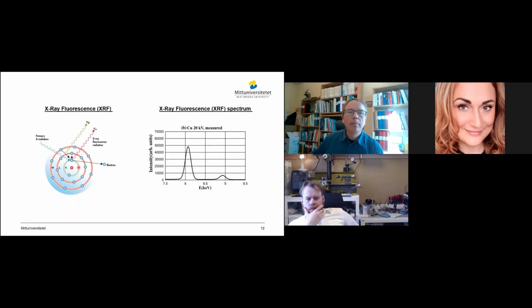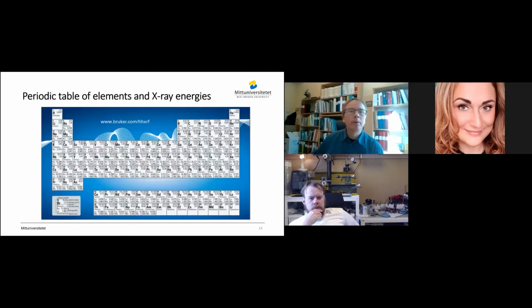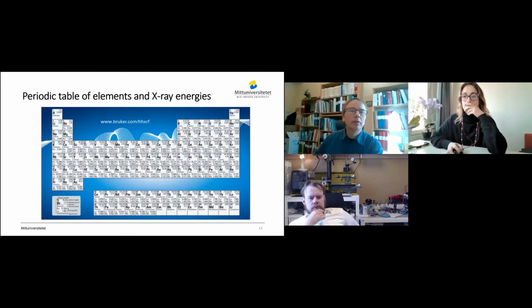So for every metal, like here for a copper atom, there will be a very characteristic peak of the energy difference between an L electron and a K electron. And if we look at the periodic table, we can essentially identify almost all elements. But hydrogen and helium, number 1 and 2, are not that easy because they only have a K-shell, so we don't have this transfer.